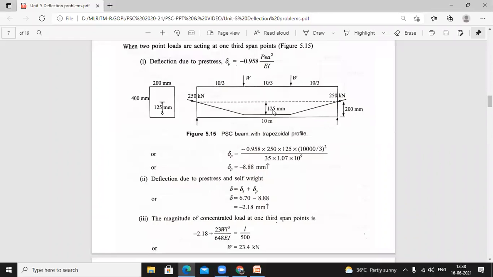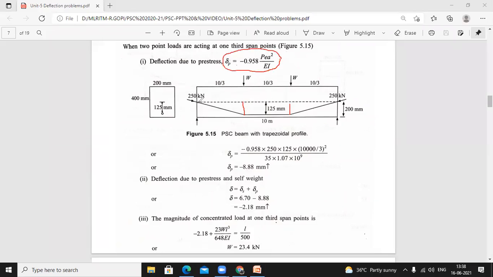So next, coming to deflection due to prestress. Since the cable is a trapezoidal shape, there are two triangle portions and one rectangle portion. For that we have this formula.